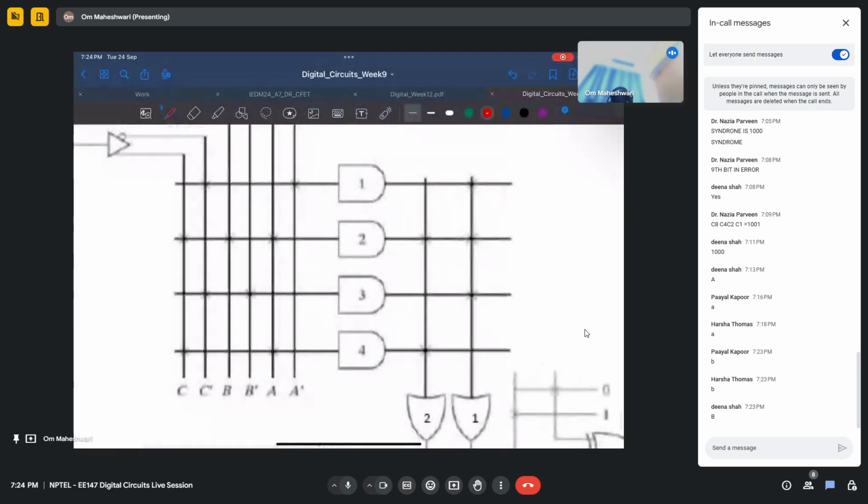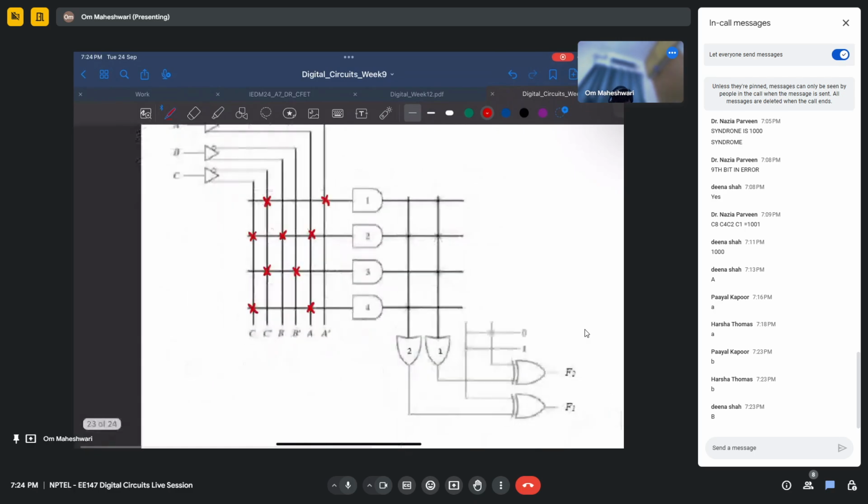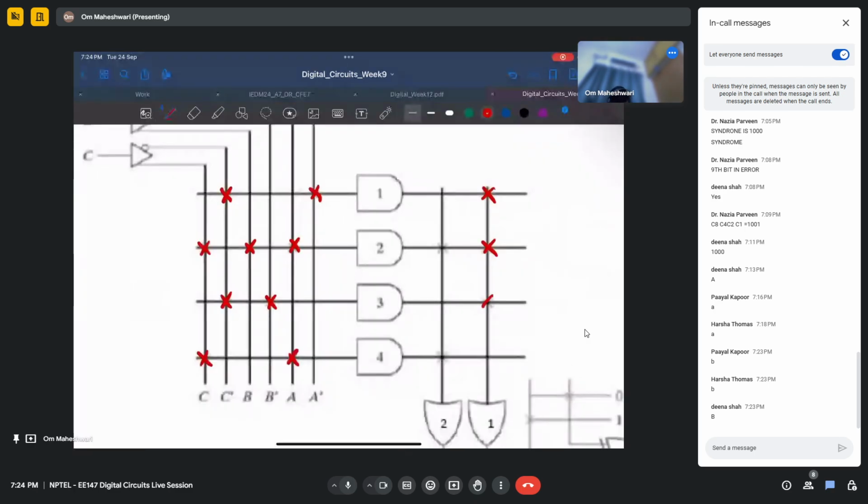So the connections are not clear. Let me make them. Okay.